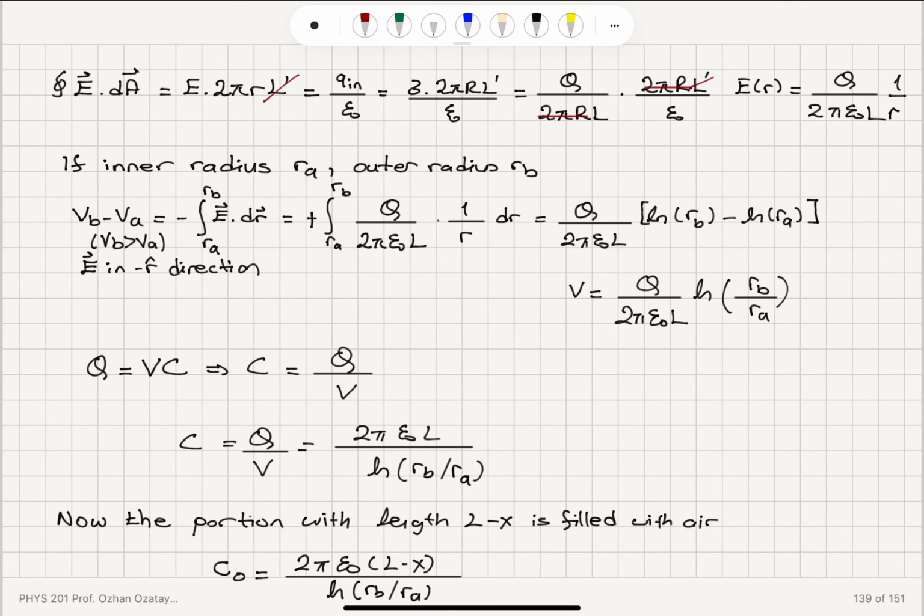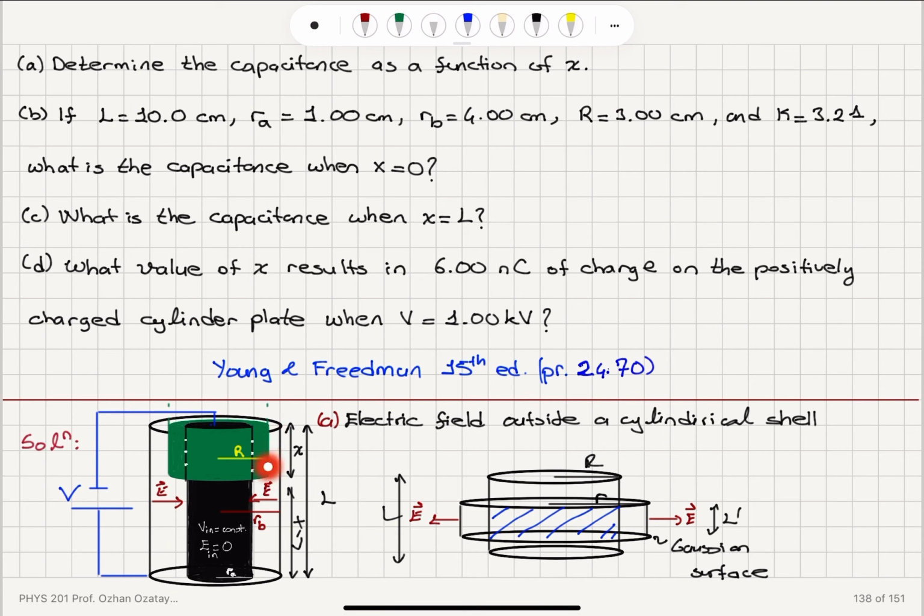Alright, so in this problem I have a cylindrical capacitor for which I have solved the capacitance as a function of the insertion distance of the dielectric, which has inner radius r sub a and outer radius capital R less than r sub b.